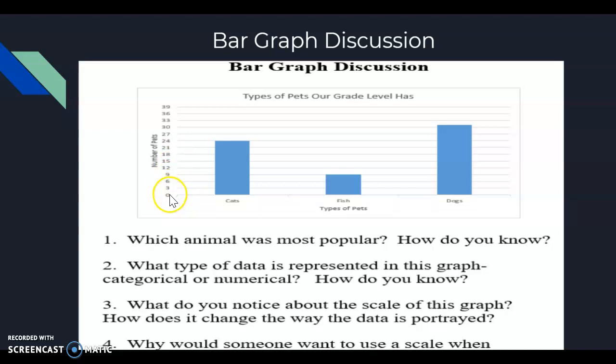In this case, the scale is 3 because the number for each pet is counted by 3s. You go from 0 to 3, that value is 3. You go from 3 to 6, that value is 3. 6 to 9, that value is 3. And each one all the way up, the value is going to be 3. It changes the size of the bars.